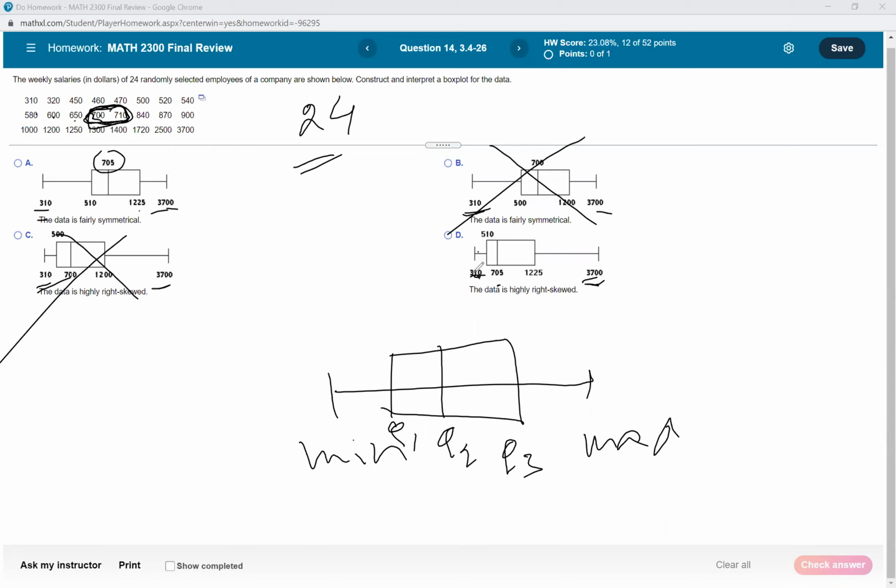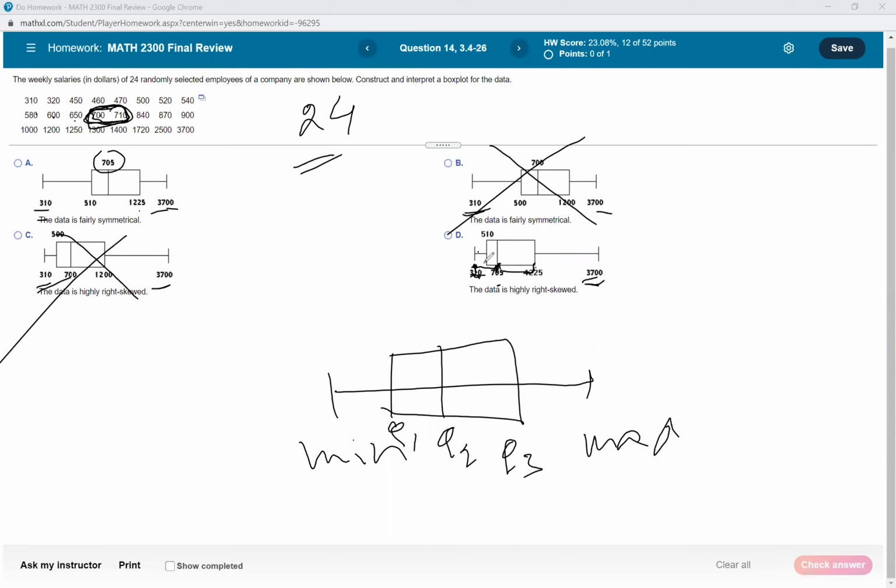From here to here, the difference is 400 something. And from here to here, the difference should be 700 to 1200, so 520. But if you compare, this is 400 something and this is 500. So I think this is not consistent.